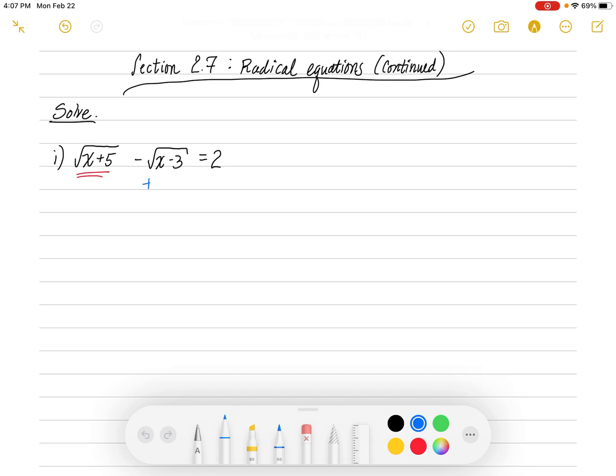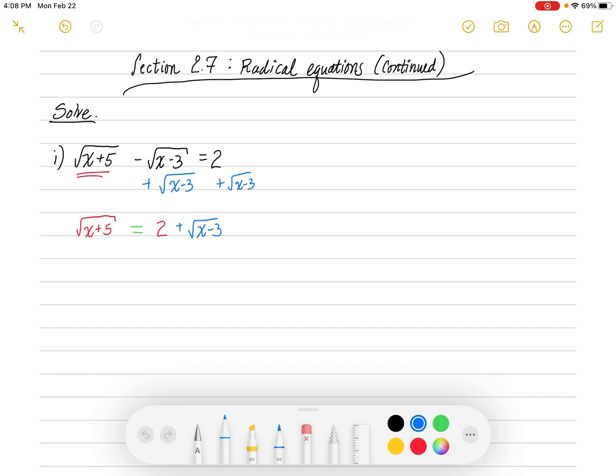So we're going to add square root of x minus 3 to both sides. And when I do that, I'm going to have the square root of x plus 5 equals, on the right side, 2 plus square root of x minus 3.